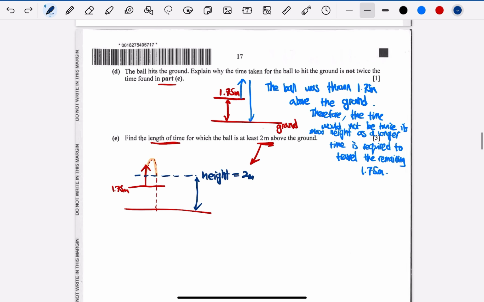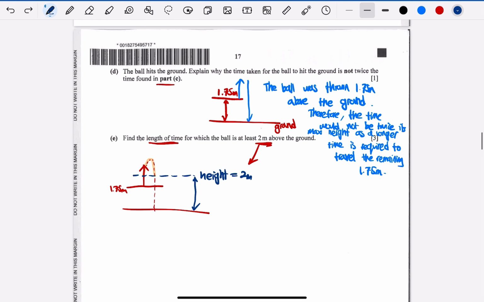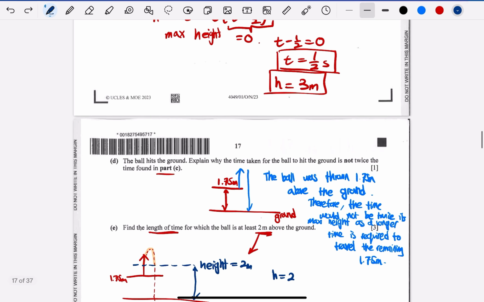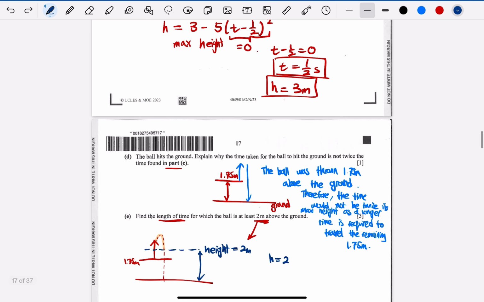And how do we solve for the time? Well, all we need to do is sub h equal to 2. From our earlier expression, we have our time and our height related as so. So all we're going to do is write 2 equals 3 minus 5 times t minus half squared.